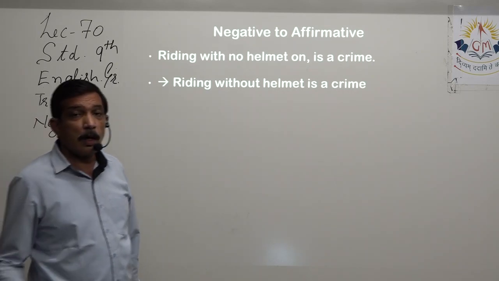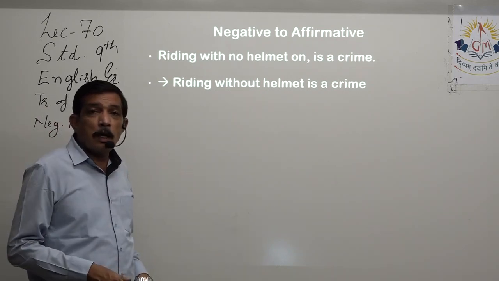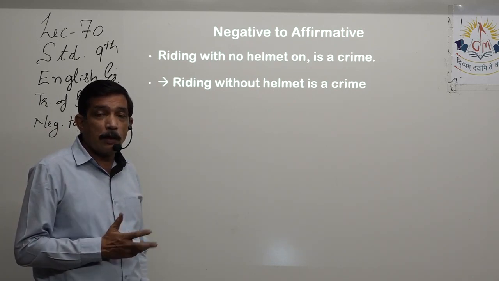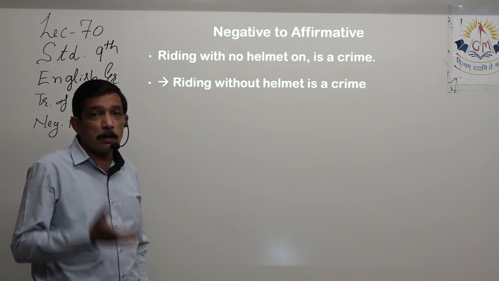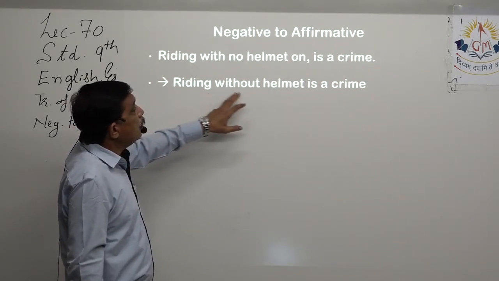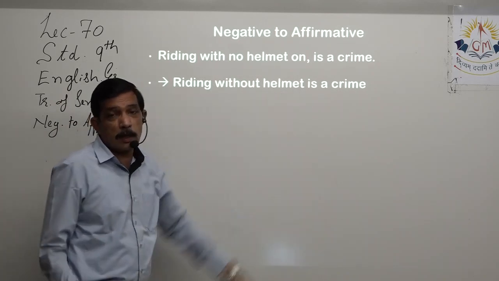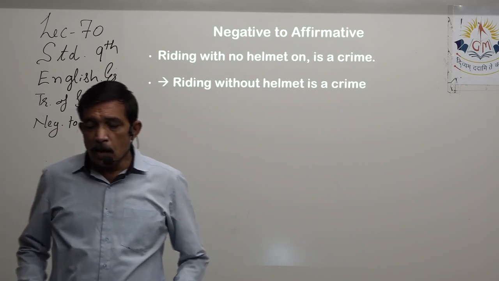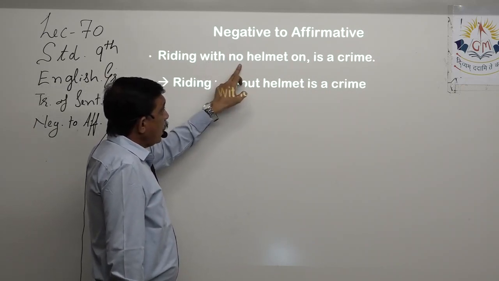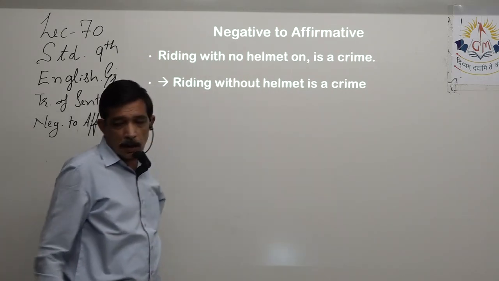If you are having a helmet and it is locked up somewhere on your bicycle or motorcycle, and you are riding without the helmet, we are not going into details, but with no helmet on means without helmet you should be wearing it, right? So we removed no. With no helmet, that means without. Riding without helmet is a crime.